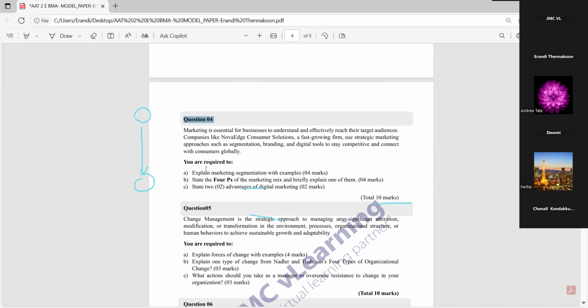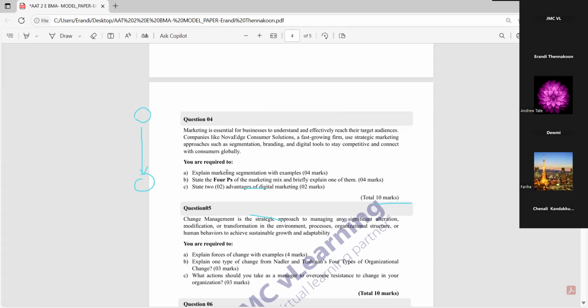So you are required to explain marketing segmentation with examples. You got one question from marketing segmentation, and now it also asks to explain marketing segmentation with examples, and state 4 P's of marketing mix.